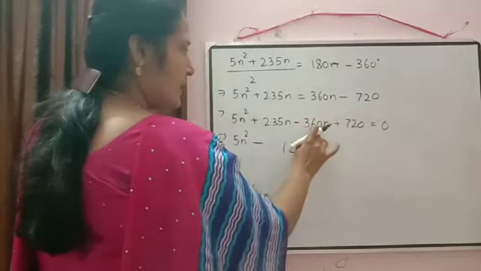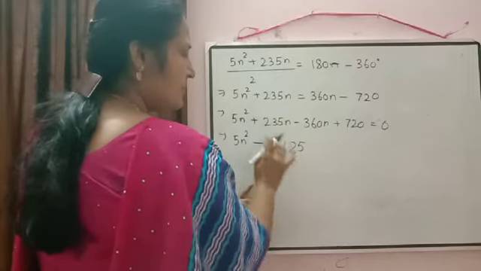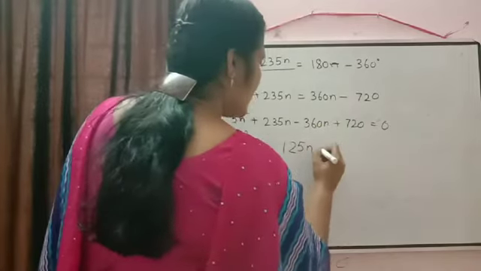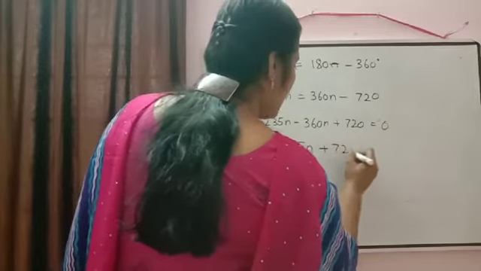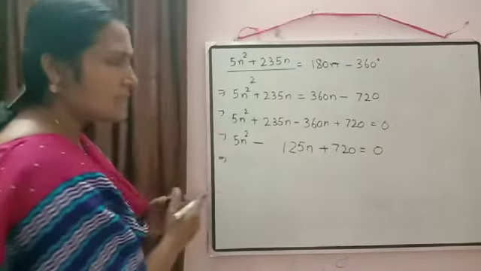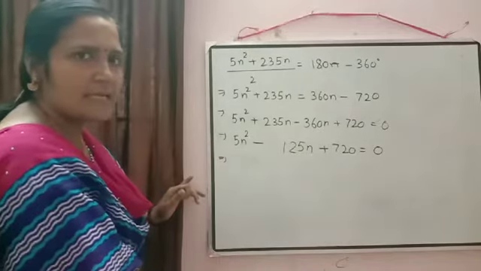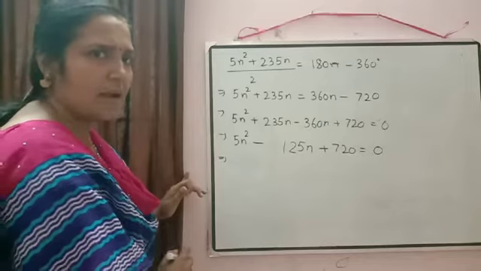Clear? Okay, I think this is correct. So minus 125n plus 720 is equal to 0. Now to check, all the expressions are divisible by 5.